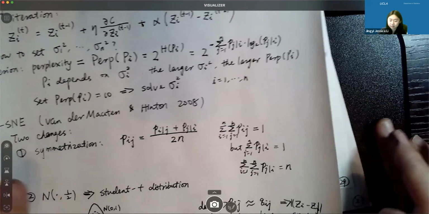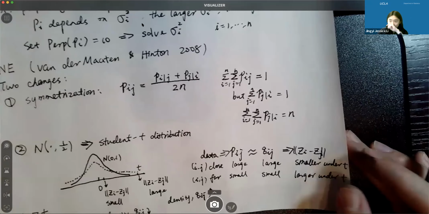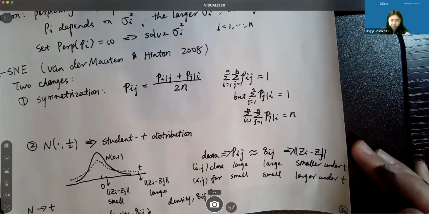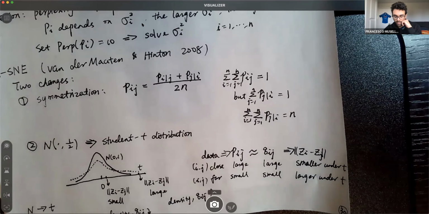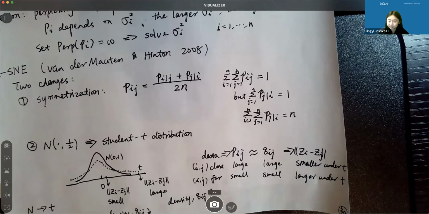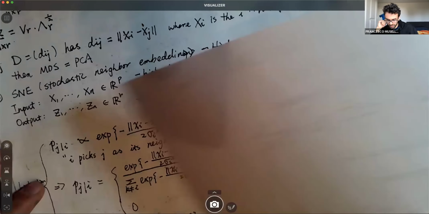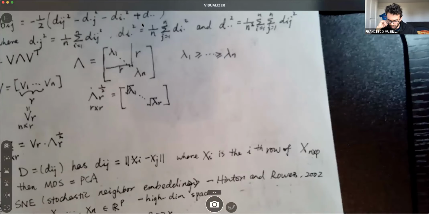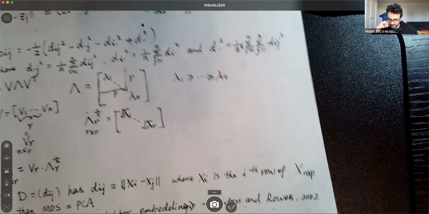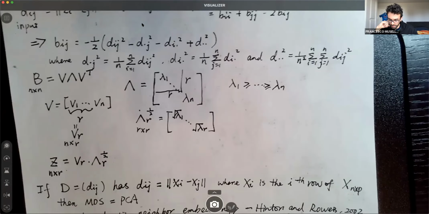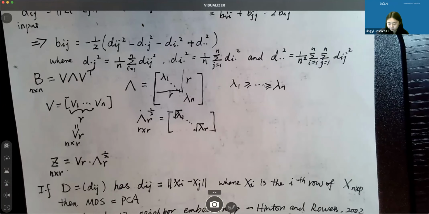So far we talked about PCA, MDS, and t-SNE. Hi, I had a couple of questions. The first one is regarding multidimensional scaling. I just wanted to clarify one aspect. When we obtain the B matrix, in principle this is n-dimensional, right?